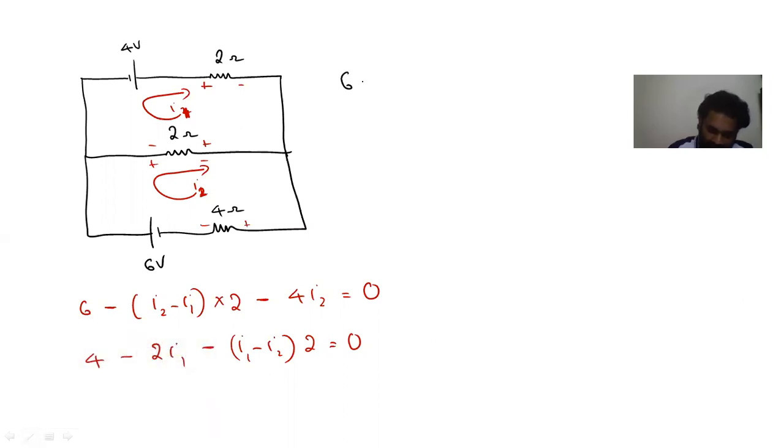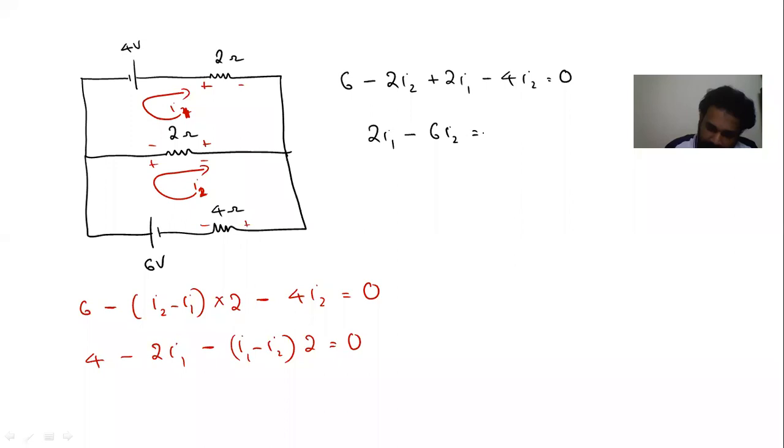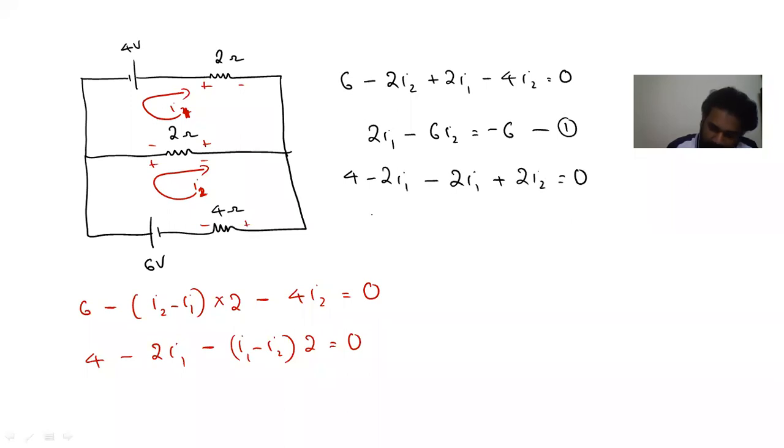So 6 minus 2 I2 plus 2 I1 minus 4 I2 is equal to 0. So this is going to be 2 I1 minus 6 I2 is equal to minus 6, equation number 1. This is going to be 4 minus 2 I1 minus 2 I1 plus 2 I2 is equal to 0.